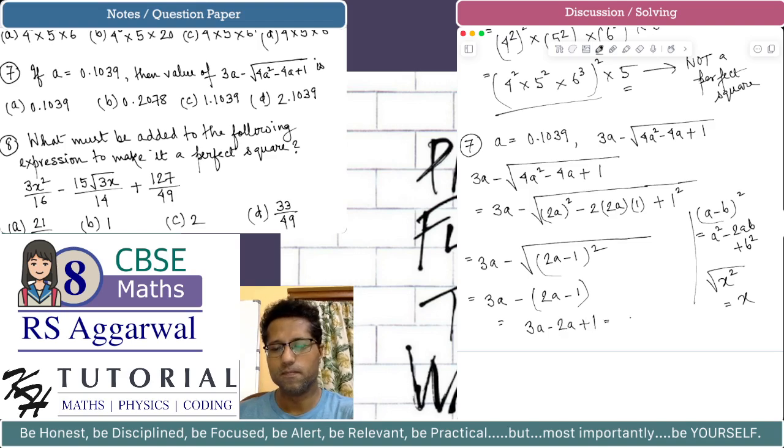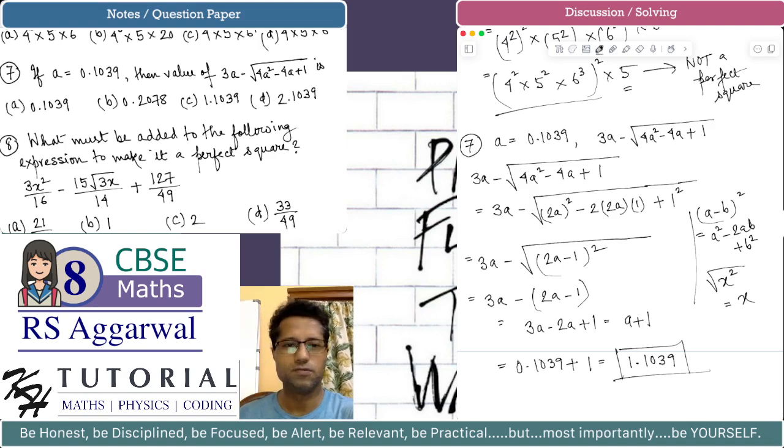This is equal to a plus 1. Now, what is a? A is given to be 0.1039, plus 1. So this is equal to 1.1039. 1.1039 is the answer. So the correct choice is C. C is the correct choice.